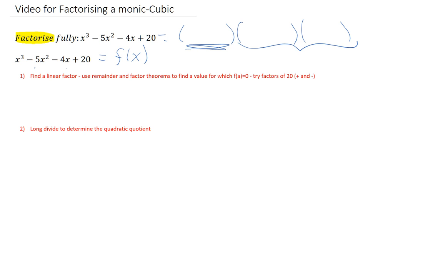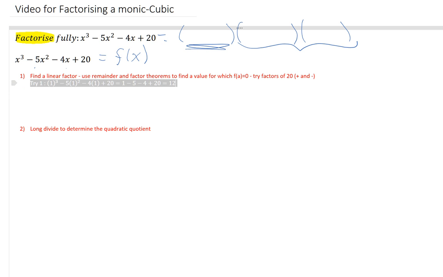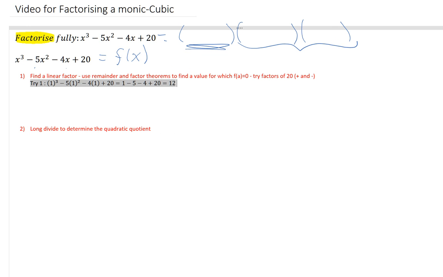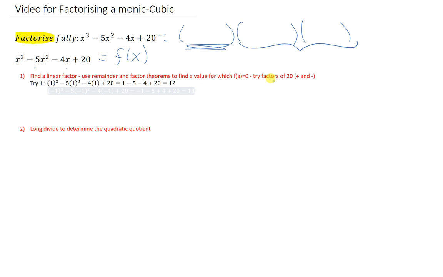So I'm going to pull up a little bit of mathematical magic. Let's start by trying 1. So if I try f of 1, I get 1 cubed minus 5 times 1 squared minus 4 times 1 plus 20, which is 1 minus 5 minus 4 plus 20, which gives us 12.